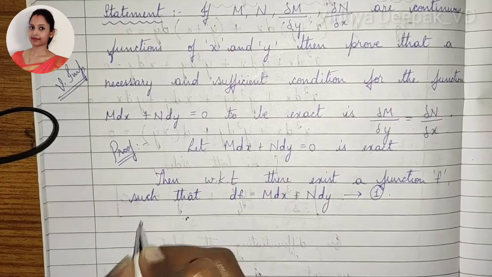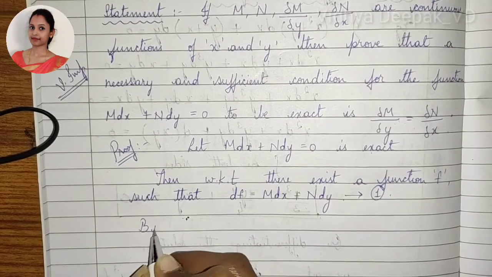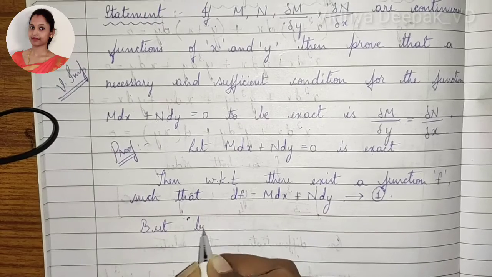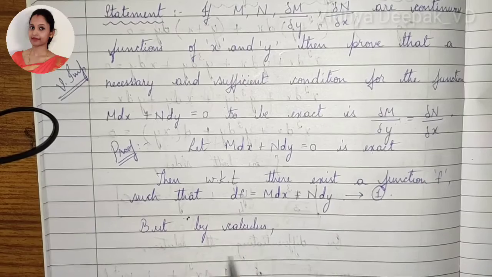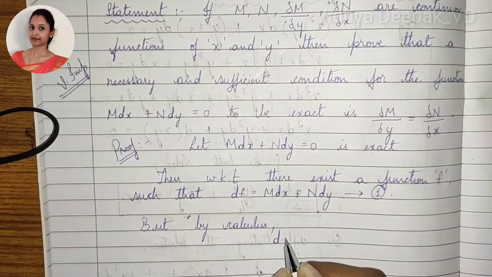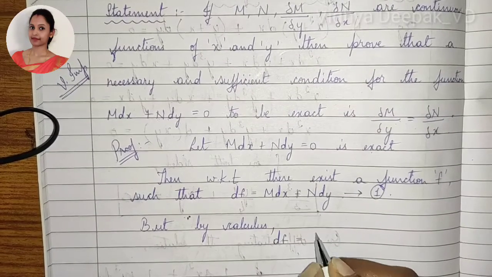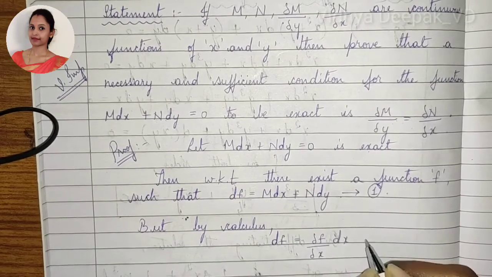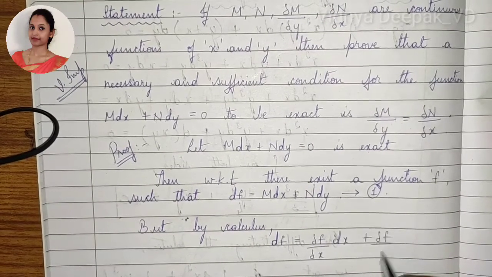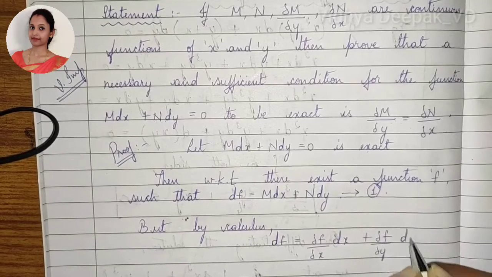By calculus, we know that differentiation of f is equal to dou f by dou x dx plus dou f by dou y dy.